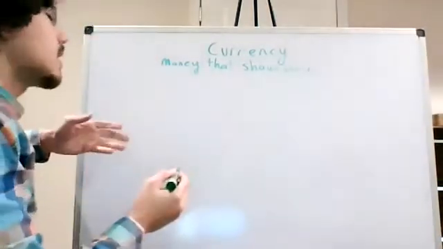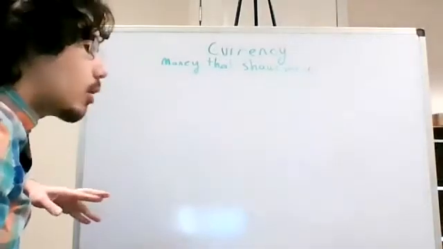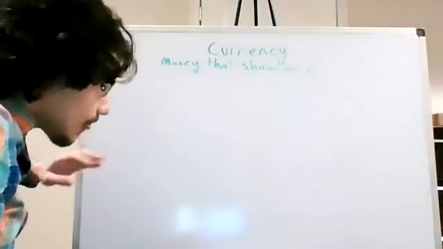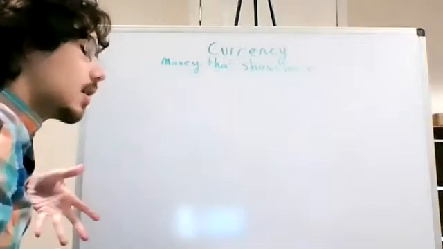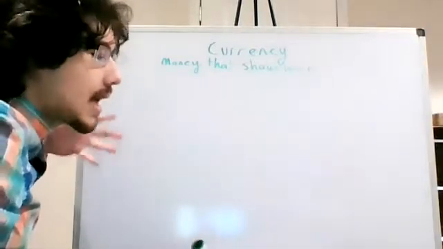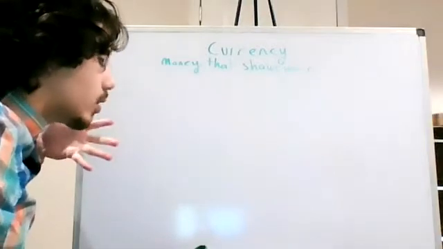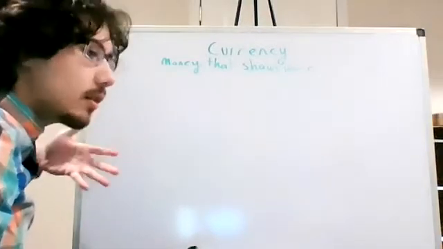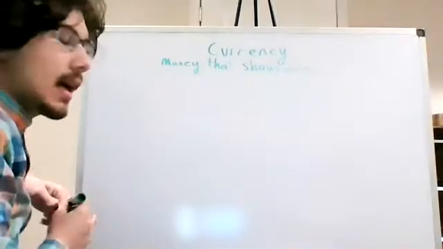Now, the thing about currency that gives it its power is that everybody takes currency. Currency by itself has no value. It's the fact that other people will trade currency that gives it value.